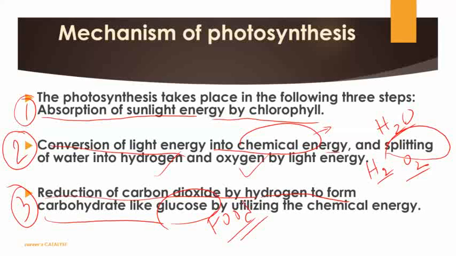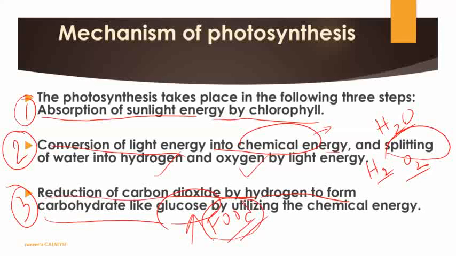After completion of this process, this hydrogen gets combined with carbon dioxide, or simply the process of reduction is completed here. Because of that, they are able to make glucose, that we can say is food also. This particular process is defined as what? Photosynthesis process.